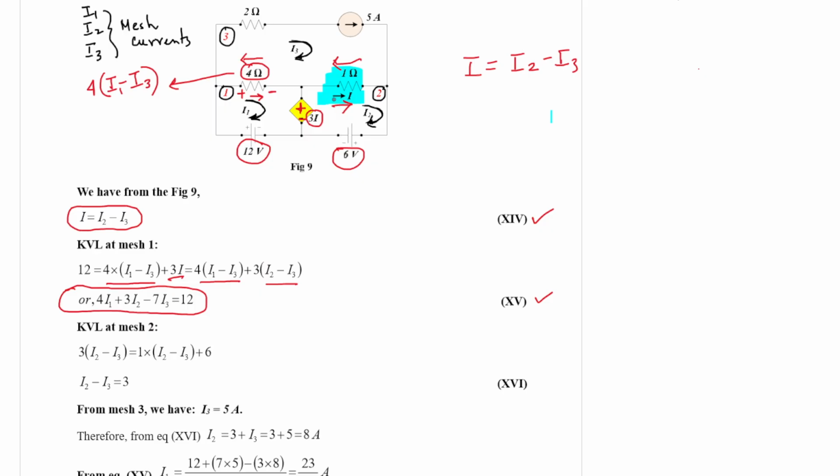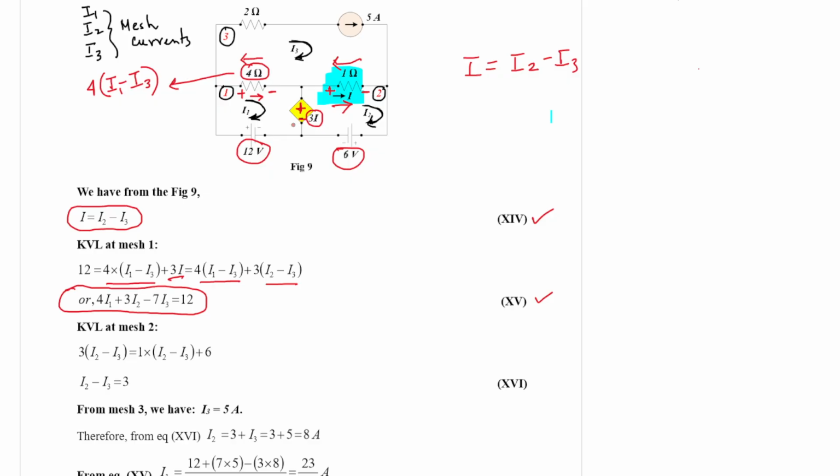As indicated in the problem, the current is flowing from left to right, so the left side of the 1 ohm resistor must be plus, right side must be minus. So with respect to the 6 volt source, these voltages are additive, and 3I, this voltage is subtractive.